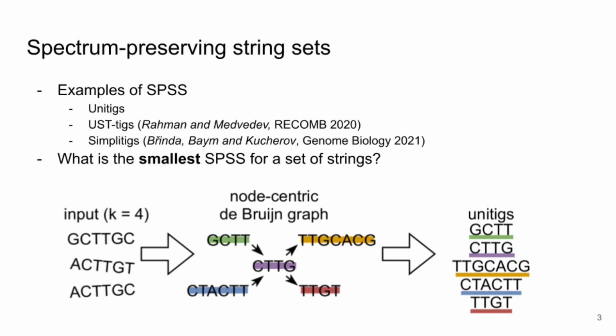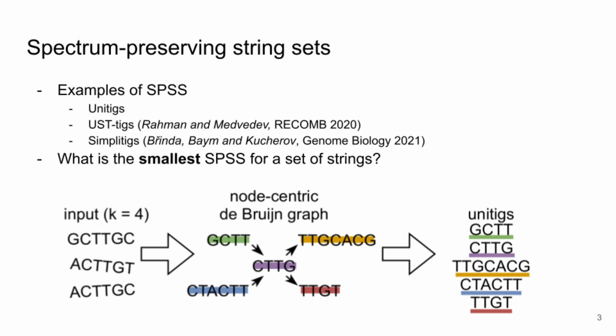There are two papers on this, one by Rahman and Medvedev and one by Brinda, Baym and Kucherov. In these papers the authors take the unitigs and stitch them together, decreasing the number of strings and also making the total length of the strings shorter. So these give a smaller SPSS for the input, but not necessarily the smallest.